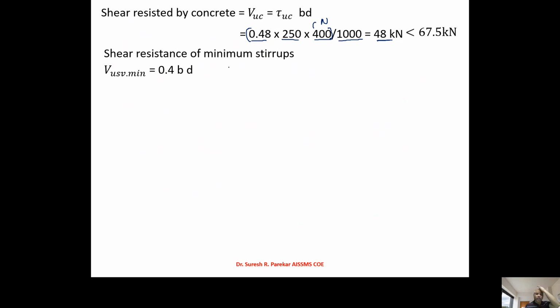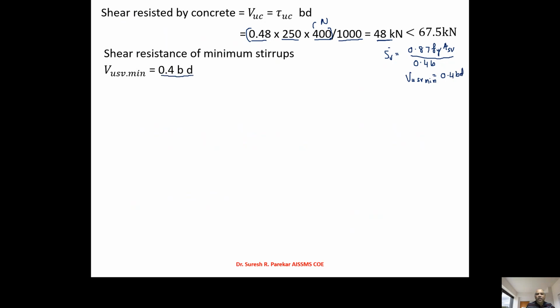Now the shear resistance of minimum stirrups. We have seen the formula: Sv equals 0.87 fy Asv upon 0.4 b. Now we are going to consider Sv as d, and 0.87 fy Asv d as Vus minimum, which equals 0.4 b into d.